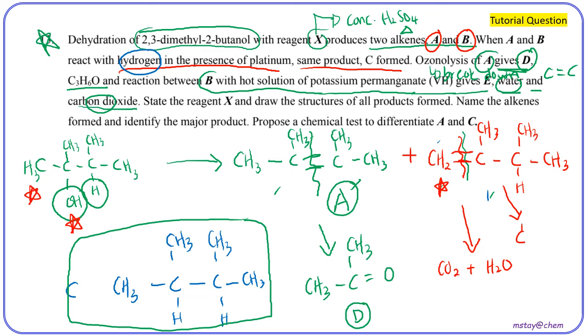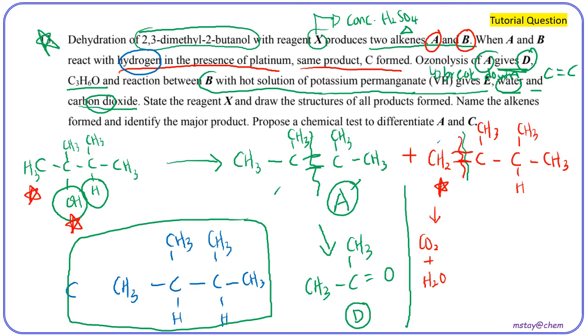Okay, sorry, I think maybe I have to adjust a bit so that I can write the structure better. Okay, so here we go. In this part, CH2 breaks the double bond, oxygen is added at the double bond, and it undergoes further oxidation to produce carbon dioxide and water.